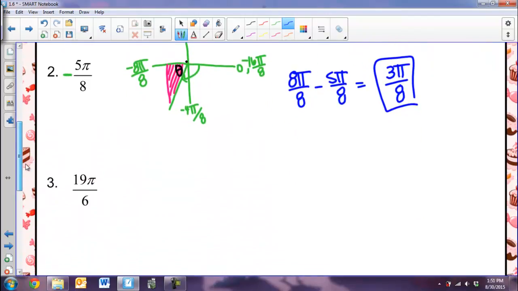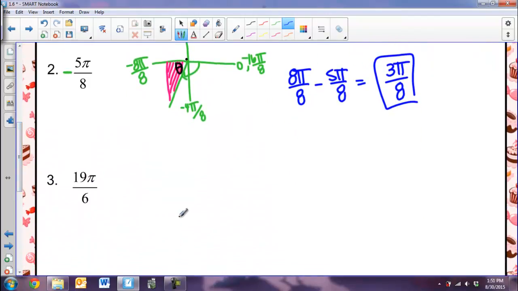Let's now look at 19 pi over 6. Remember, your first thing to do is to see if your angle is in between 0 and 2 pi, and this one is not. If it was in between 0 and 2 pi, it would have to be less than 12 pi over 6.